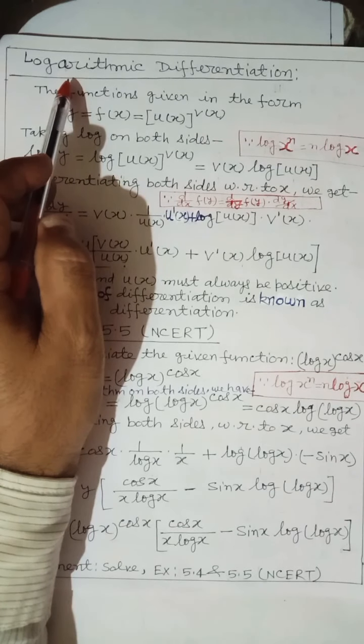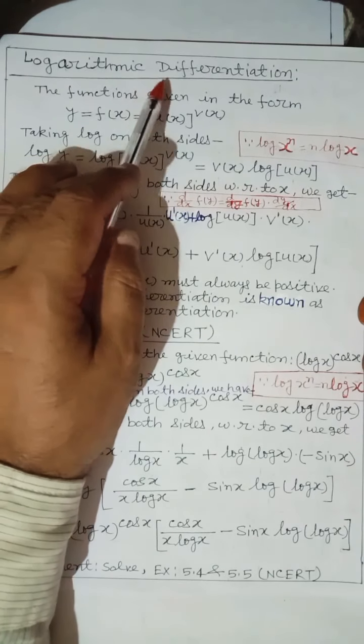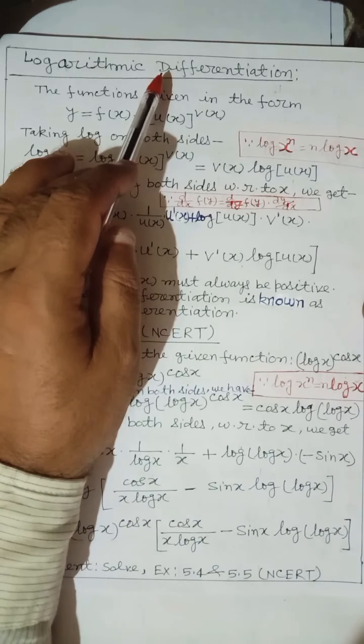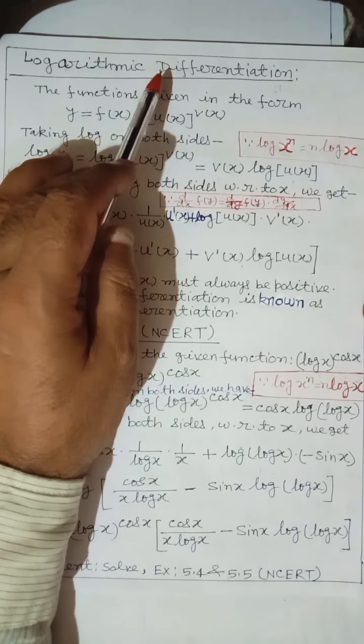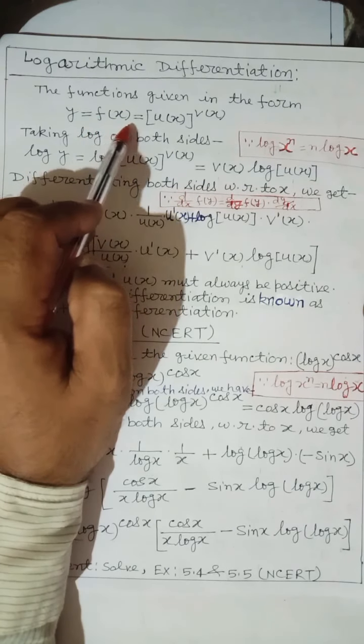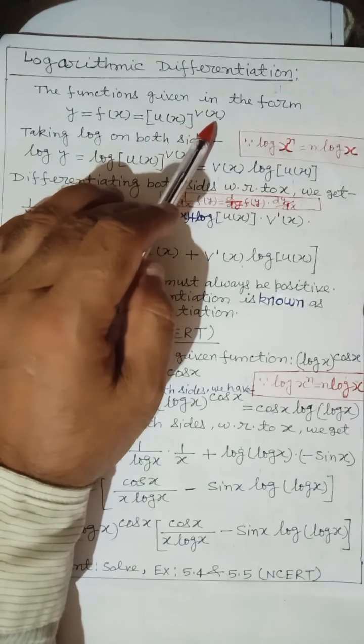Now we will discuss logarithmic differentiation. Dear students, in this section we will learn to differentiate certain special class of functions given in the form y equal to f(x) equal to u(x) to the power v(x).